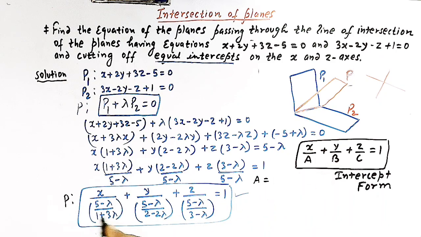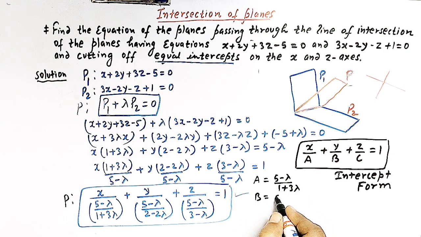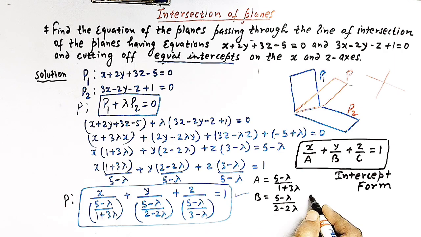The value of a is (5 − λ)/(1 + 3λ), b is (5 − λ)/(2 − 2λ), and c is (5 − λ)/(3 − λ), right?